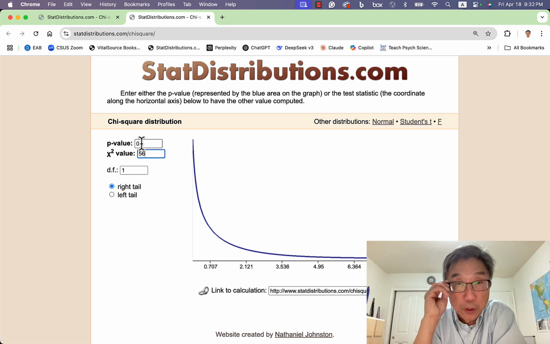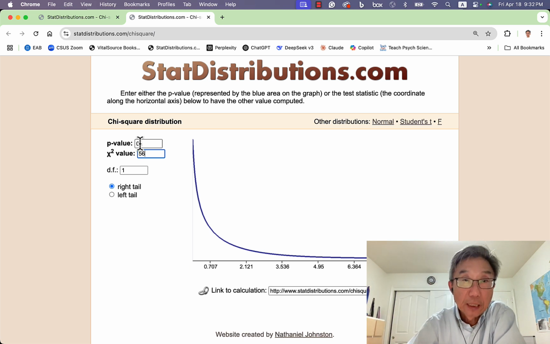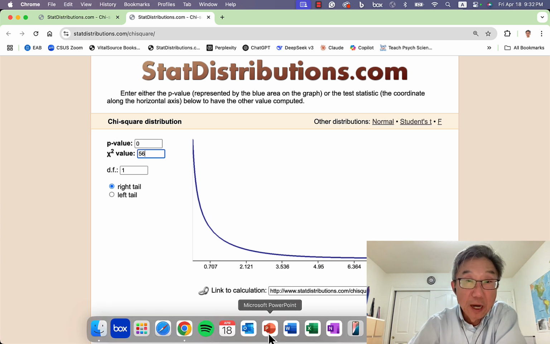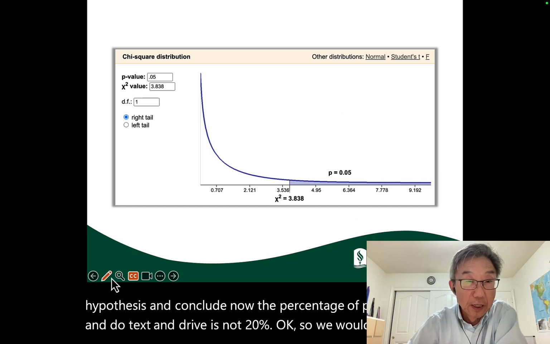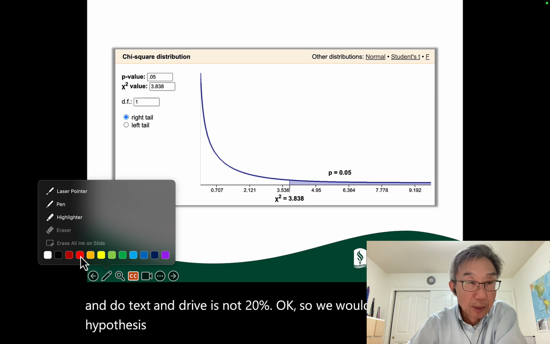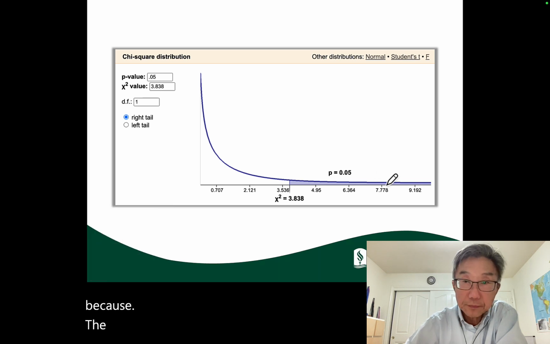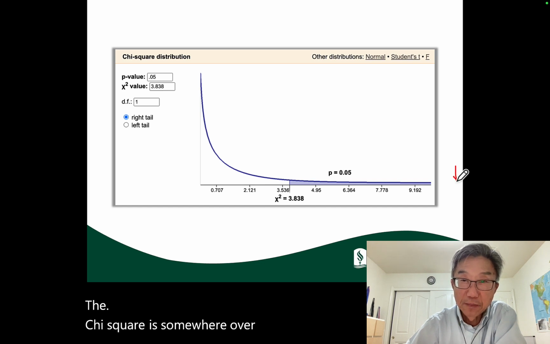So we would reject the null hypothesis and conclude, no, the percentage of people who drive and text and drive is not 20%. Okay, so we would reject the null hypothesis because the chi-square is somewhere over here, right? 56.